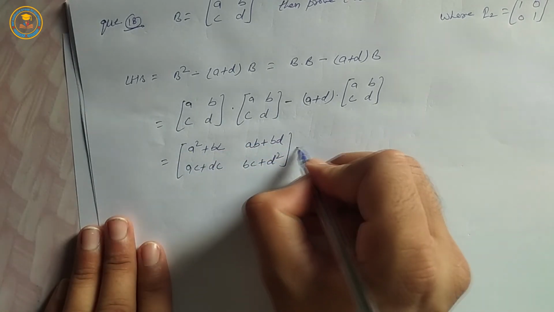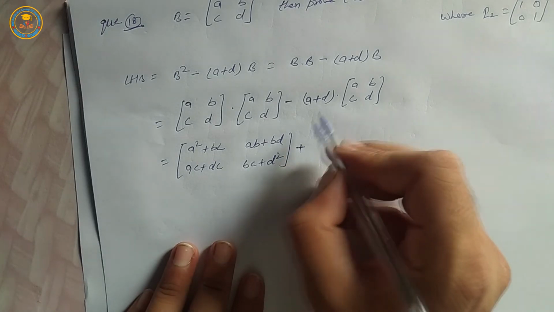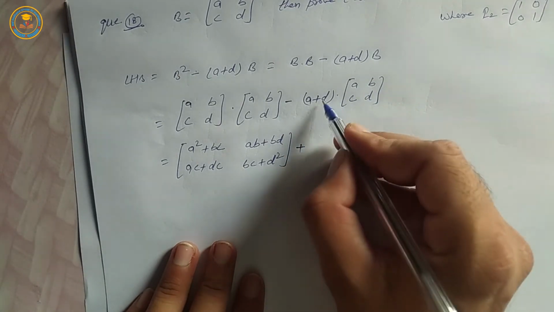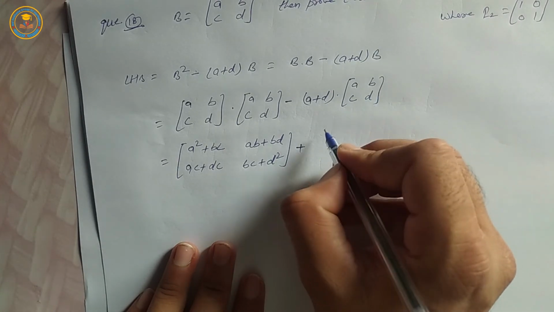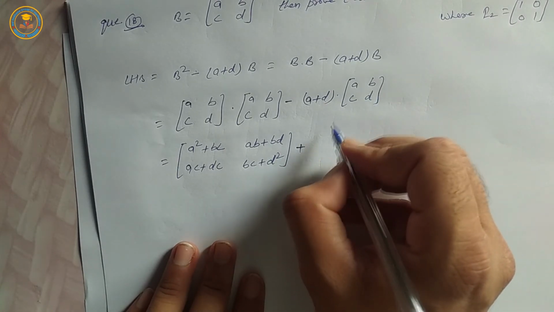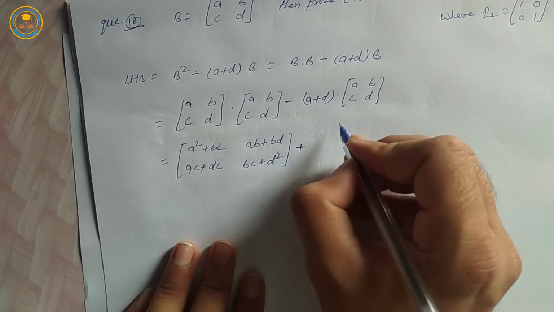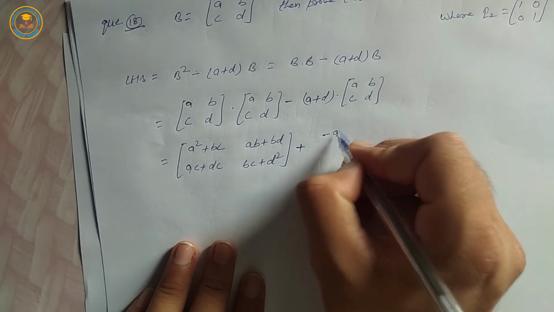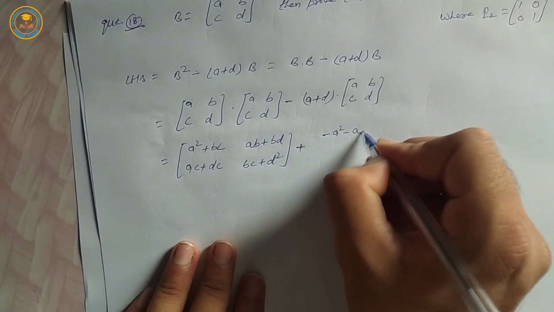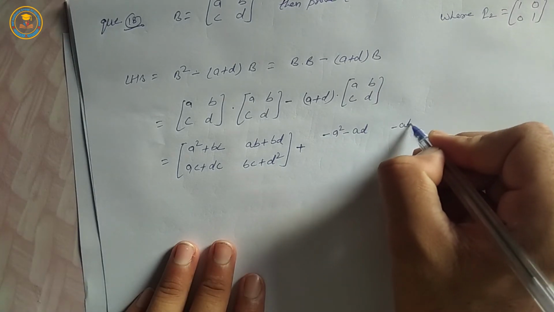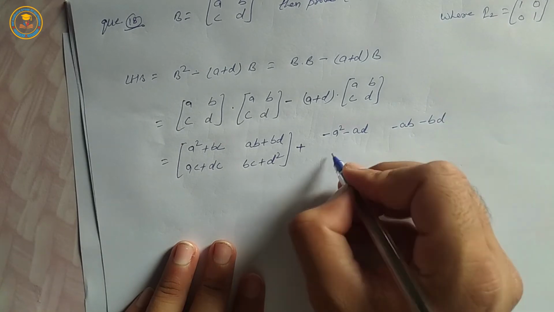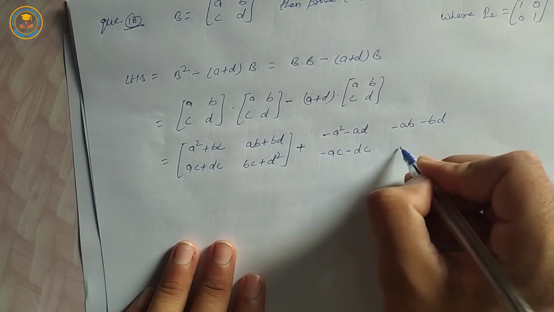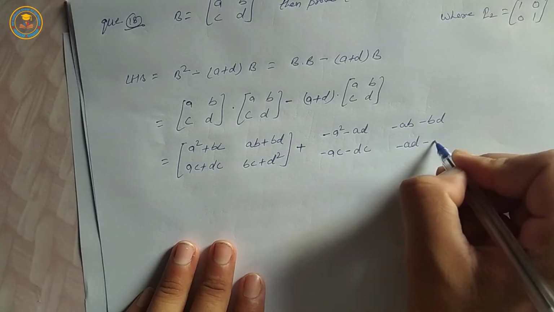Okay, minus (A plus D) multiplied with A, B, C, D. It means minus A square minus AD, minus AB minus BD, minus AC minus DC, minus AD minus D square.